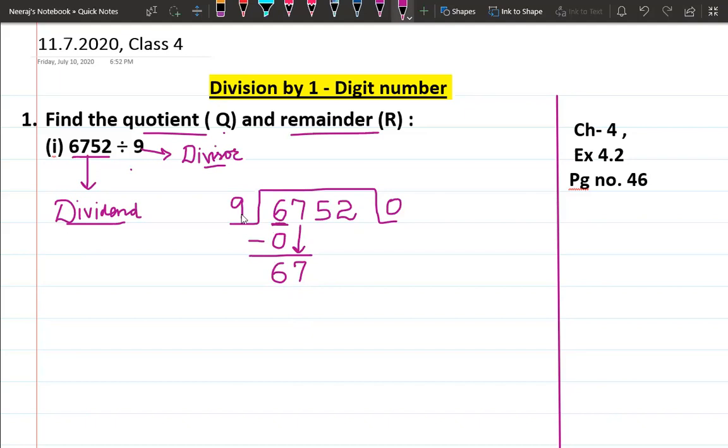So 9 sevens are 63. Now we have to subtract 67 and 63. So 7 minus 3 will be 4 and 6 minus 6 will be 0.